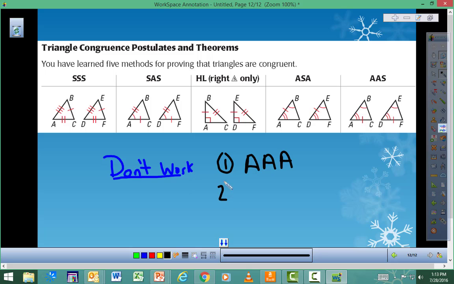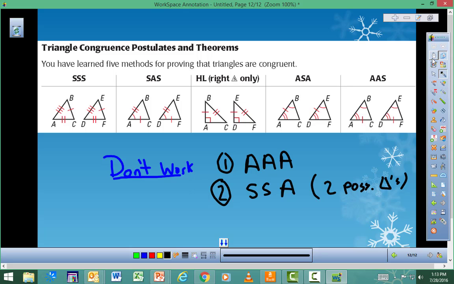And another one that does not work is side, side, angle. Remember, this one produces two possible triangles, and so we don't know if the triangles are going to be congruent or not. So those are the two that don't work. That's a little summary of all that we've been able to do. And so on today's assignment, you may have a combination of any of these five. So good luck on that.